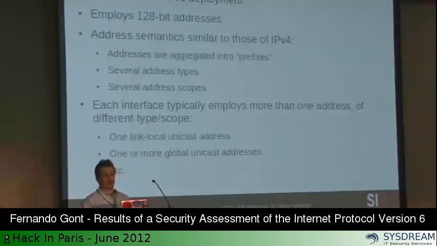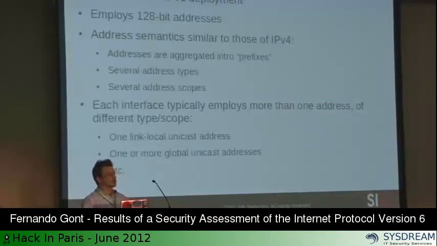In IPv4, you may find, for example, private addresses, which are supposed to be valid only on a local network. You have link-local addresses, you have global addresses, and you have the same sort of thing in IPv6. Probably the only aspect in which things are a little bit different is that typically in the IPv4 case, if you look at the configuration of a network interface card, you have a single address assigned to that interface, whereas in the case of IPv6, you usually have more than one address assigned to one network interface.